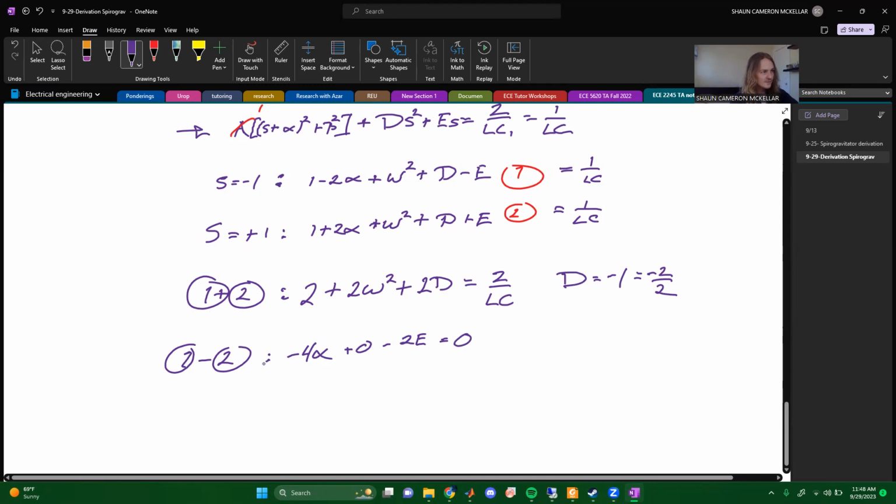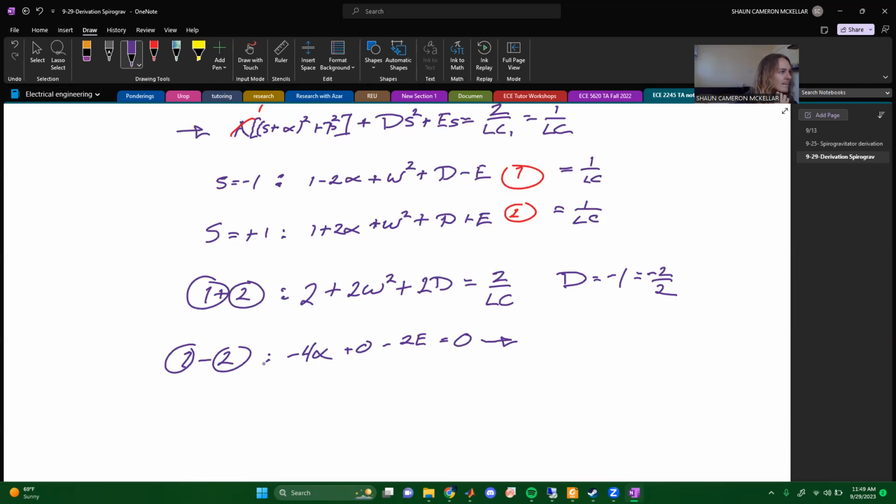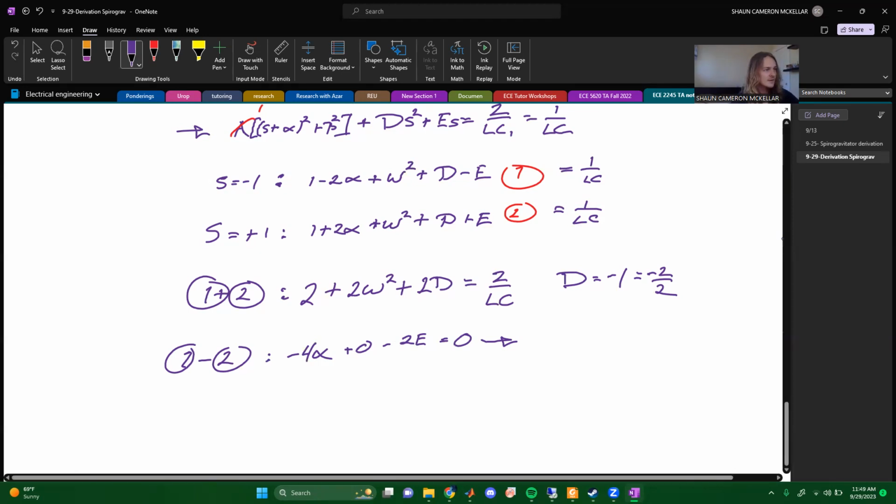Okay, so therefore we get that. One sec, I think I missed something here. I mean, this all looks correct to me, but we'll see if it comes out with the correct value. Sometimes it doesn't. So we get that E is equal to +4 divided by -2 times alpha.